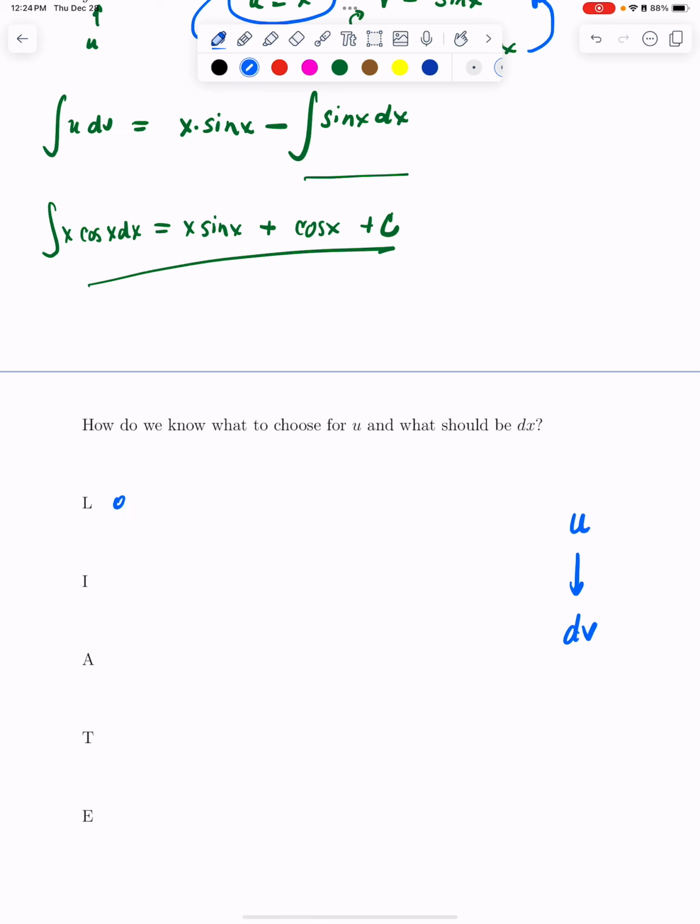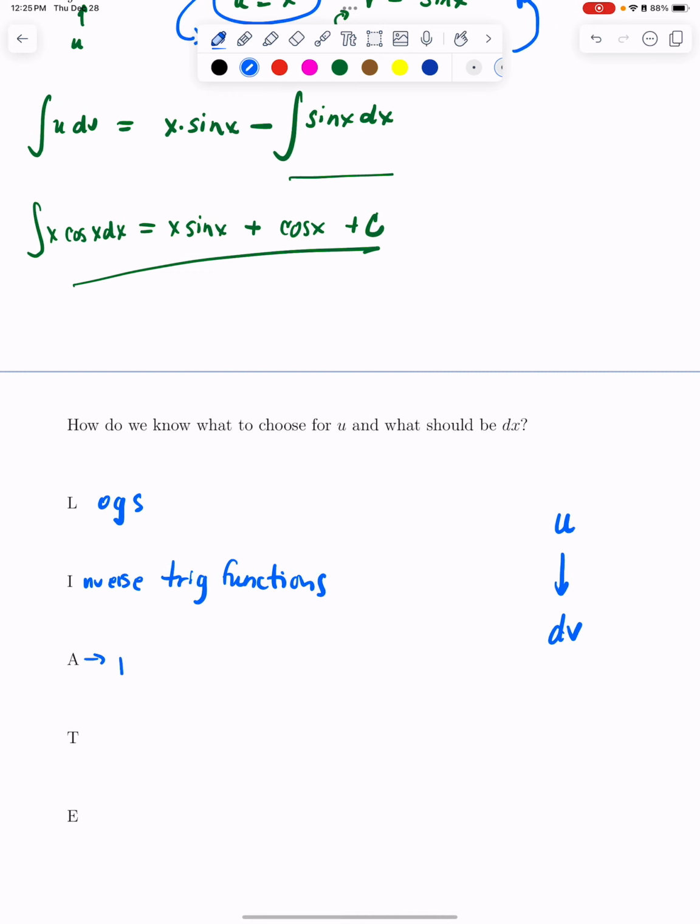So if you have logs and inverse trig functions, then polynomials (this is algebraic, but I'm going to put polynomials here), then trig functions, different than inverse trig functions, and then exponentials. Okay, so what do I mean by this?